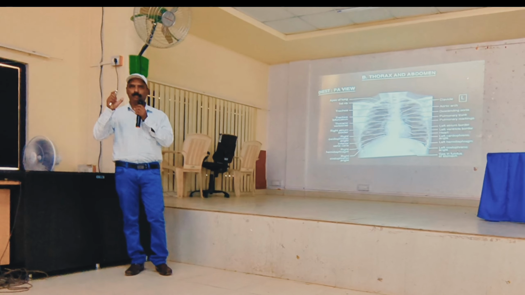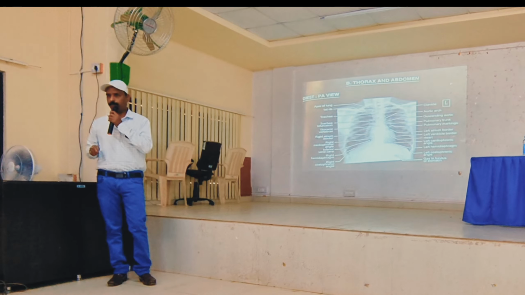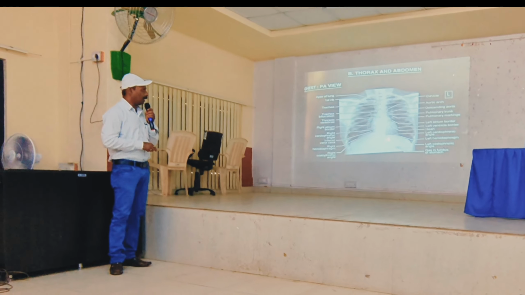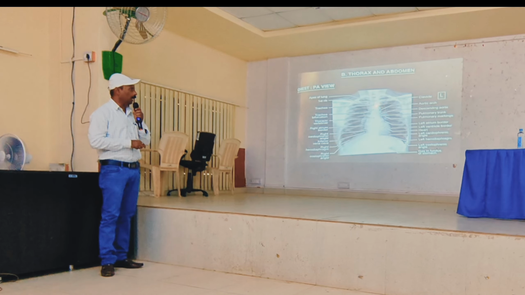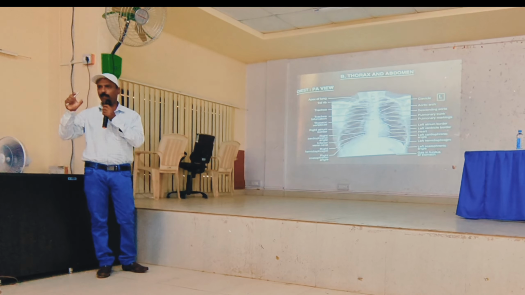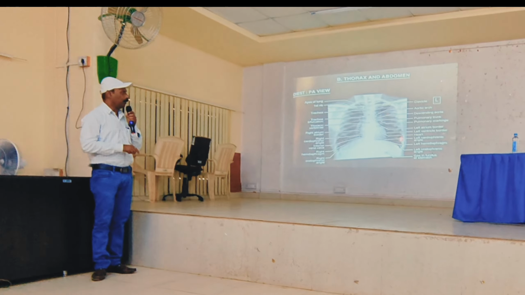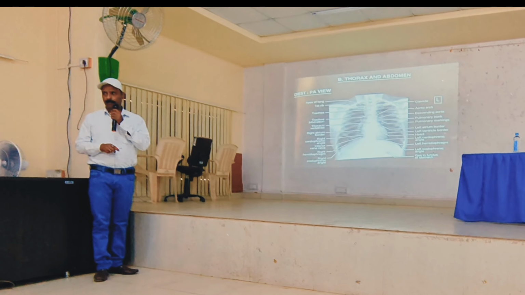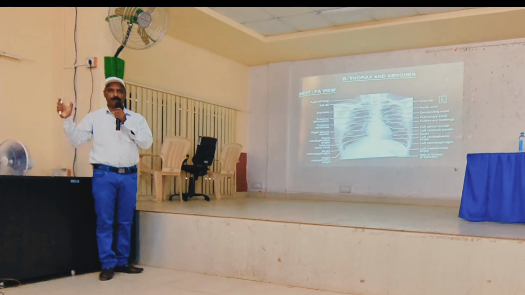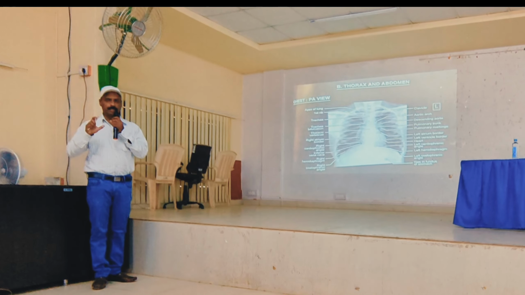First you have to see the cardiomediastinal region. When you see this cardiac shadow and mediastinal region, that means cardiomediastinal structures. Second one, pulmonary structures. On the side of the heart, the lungs are situated.